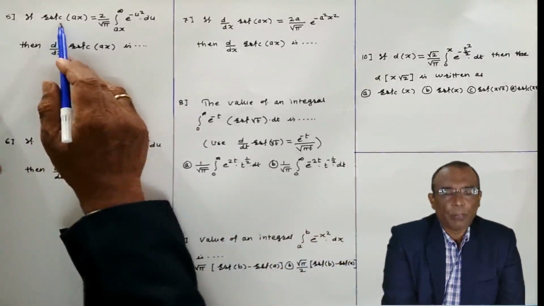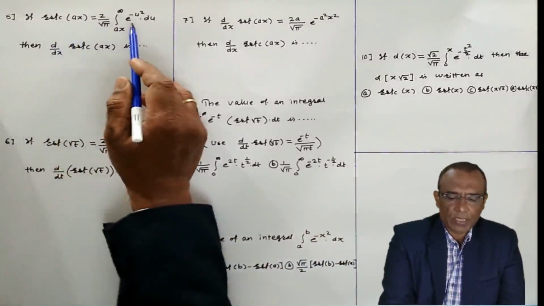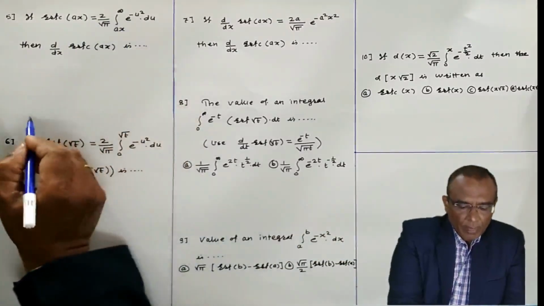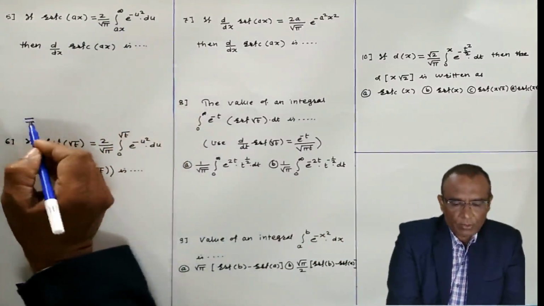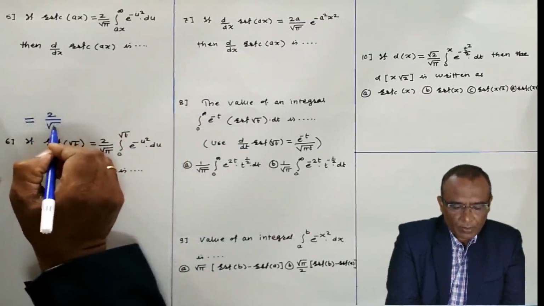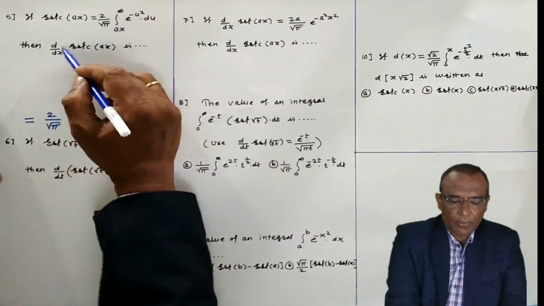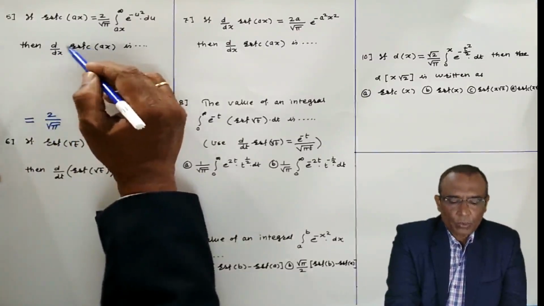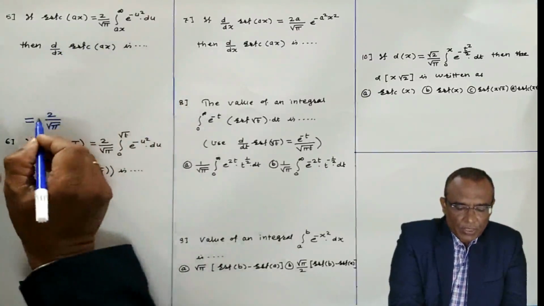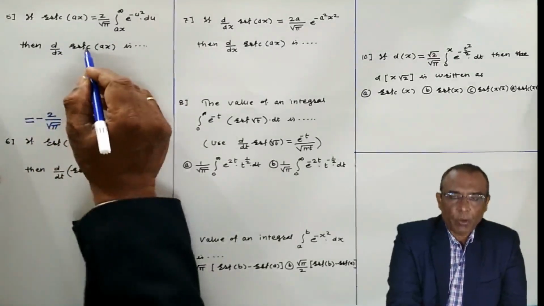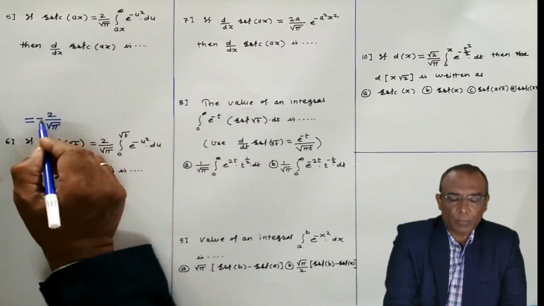Now the fifth one. If the complement of error function of ax is given, then we have to find its derivative. If I am telling you the direct step below: 2 by root pi, we want the derivative of the complement of error function. Due to the derivative of complement of error function, I am putting a minus sign here.